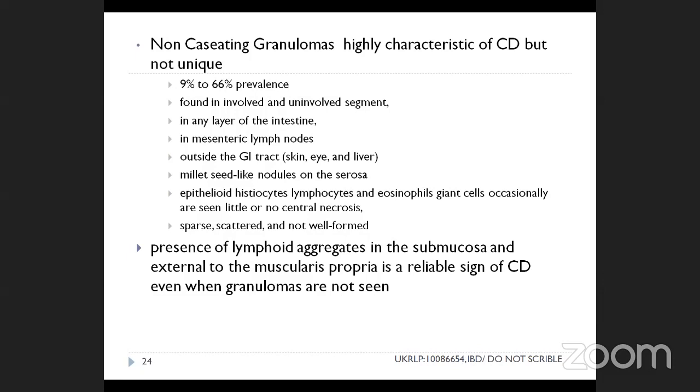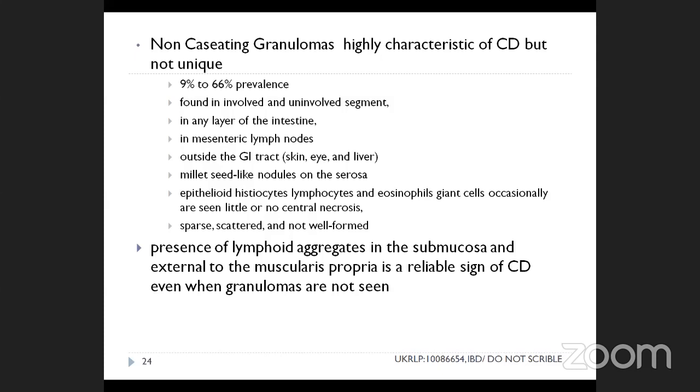The mesenteric nodes are usually involved in producing non-caseating granulomas. The non-caseating granulomas can also be found outside the GI tract, like skin, eye, and liver. The most classical feature of a non-caseating granuloma on the serosa is a millet seed appearance, and these granulomas show epithelioid histiocytes, lymphocytes and eosinophil filled giant cells with no central necrosis.